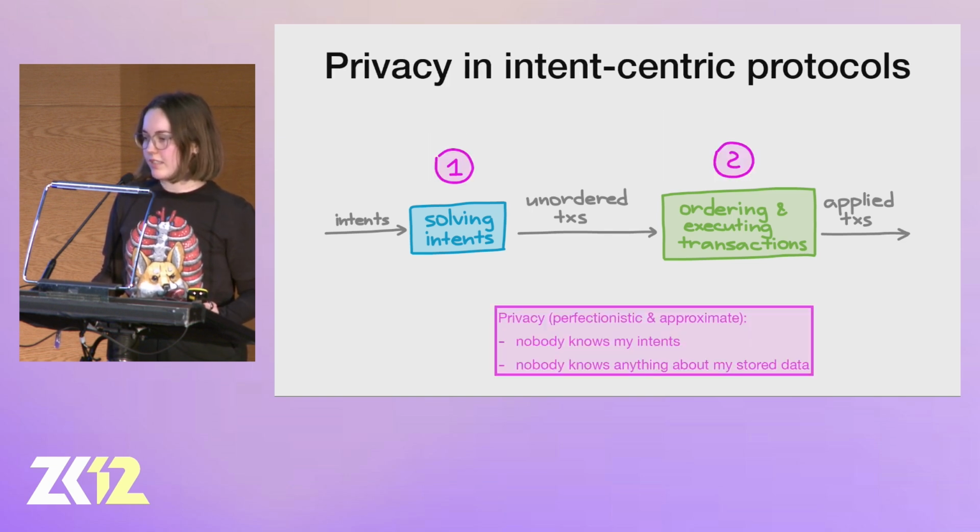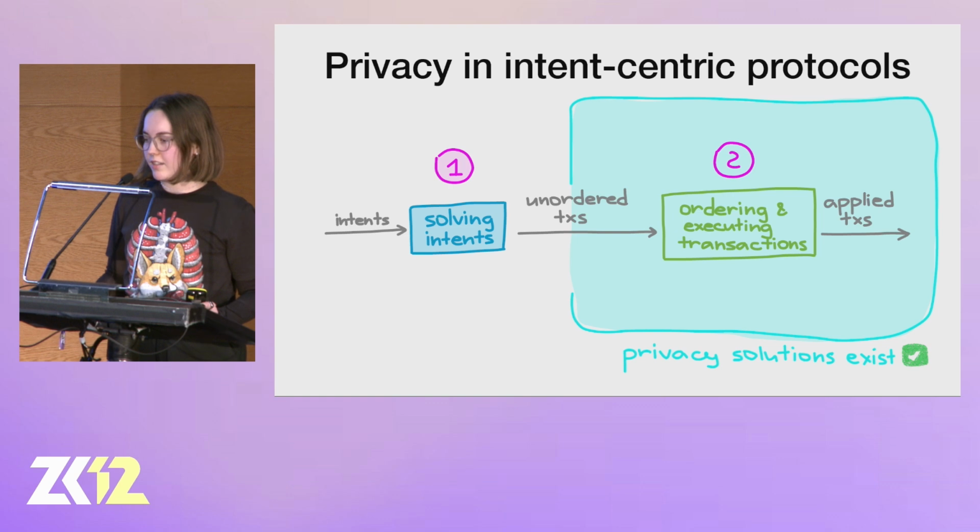And speaking about privacy, we can divide it into two stages, the intent solving phase and the settlement phase. Approximately what we want is that nobody knows my intents when I send them, and somehow magically they are turned into transactions. And for the transaction settlement phase, we want that nobody knows anything about the data that we store on the blockchain.